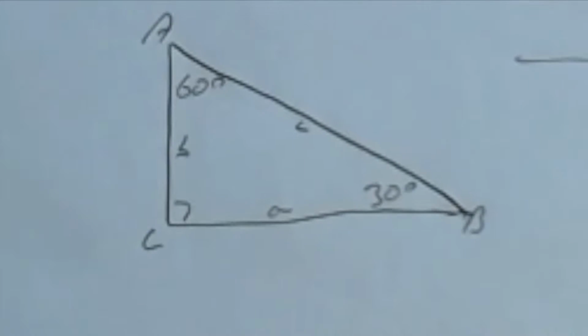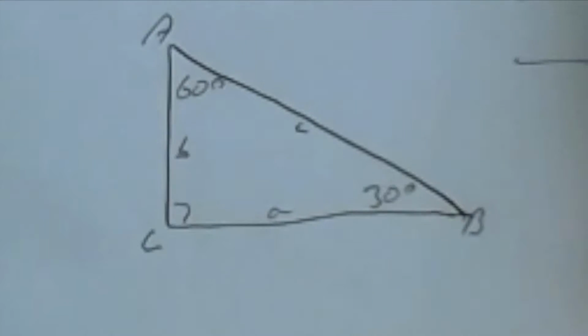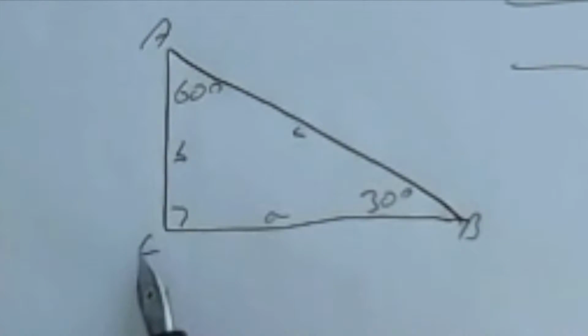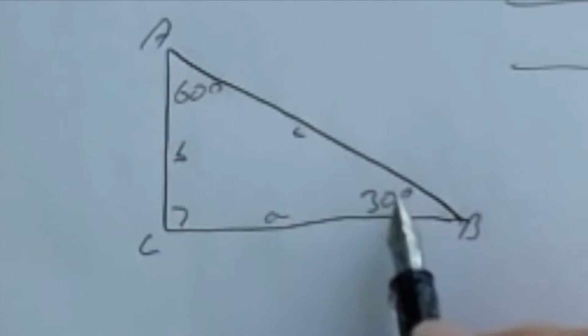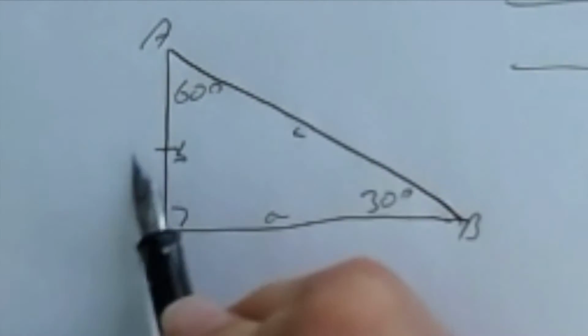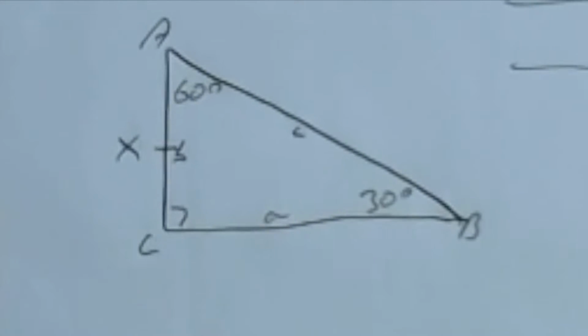Another very common right triangle for us to use would be a 30, 60, 90 right triangle. Now across from 30 degrees, the shortest leg of that triangle is the leg we're going to talk about having an unknown length of x.